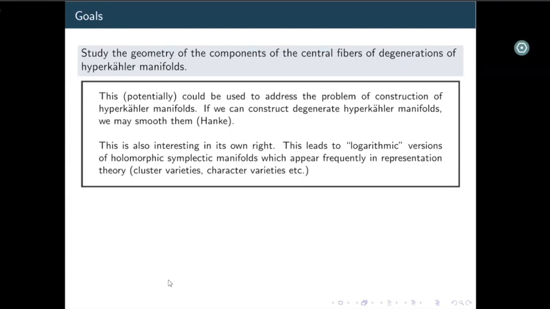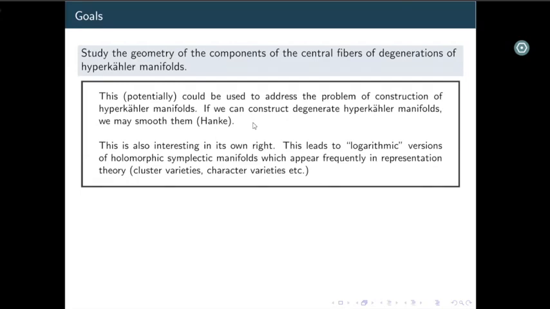One thing that is known is that if you have something that looks like a degeneration of hyperkaehler varieties and it's log smooth, then you can smooth it. This is work of, I think, a PhD student of, I forget who. But the idea is that if you have a log smooth degenerate variety, then you can smooth this.